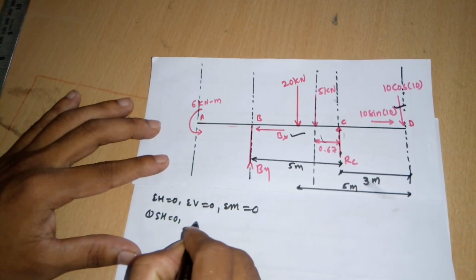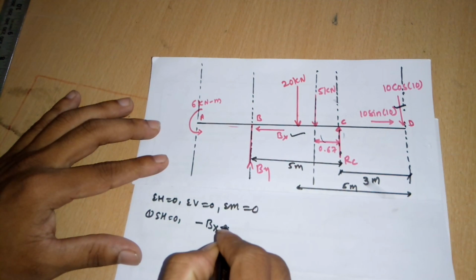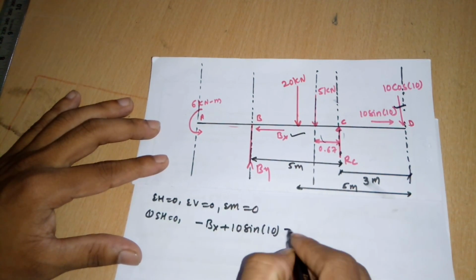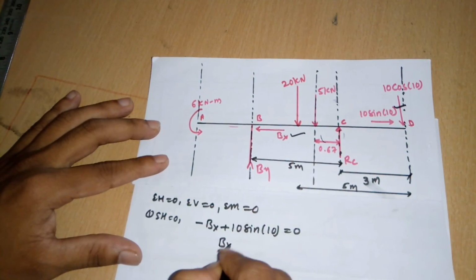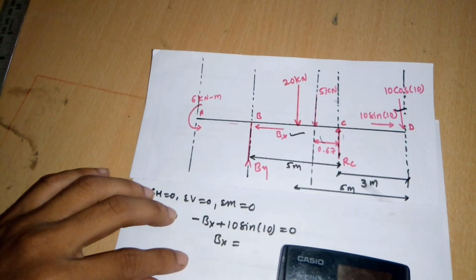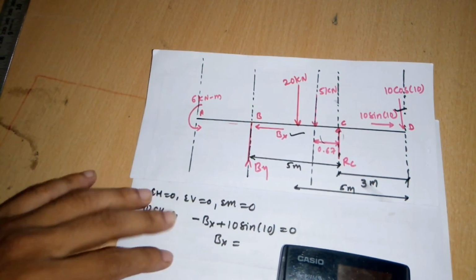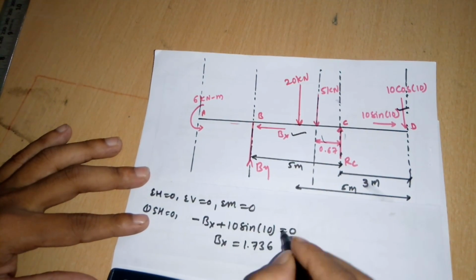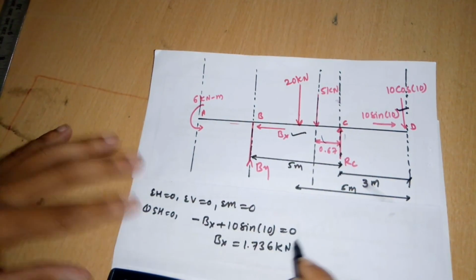So it becomes minus Bx plus 10 sin 10 equals 0. On solving, we get Bx as 10 sin 10, which is 1.736 kilonewton.